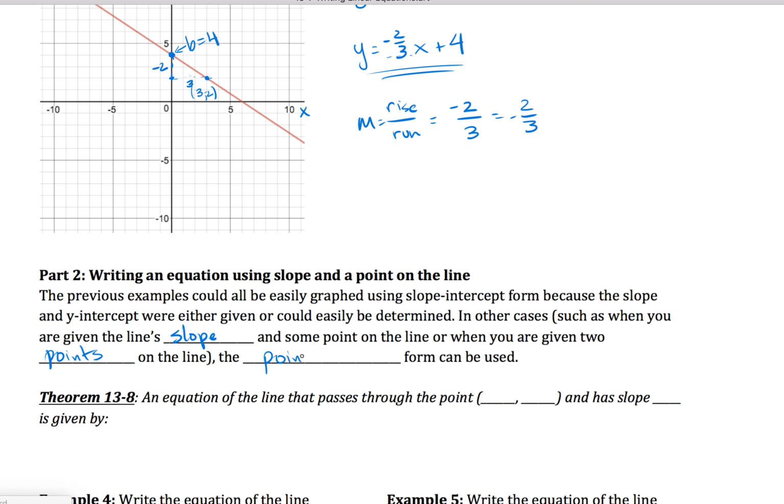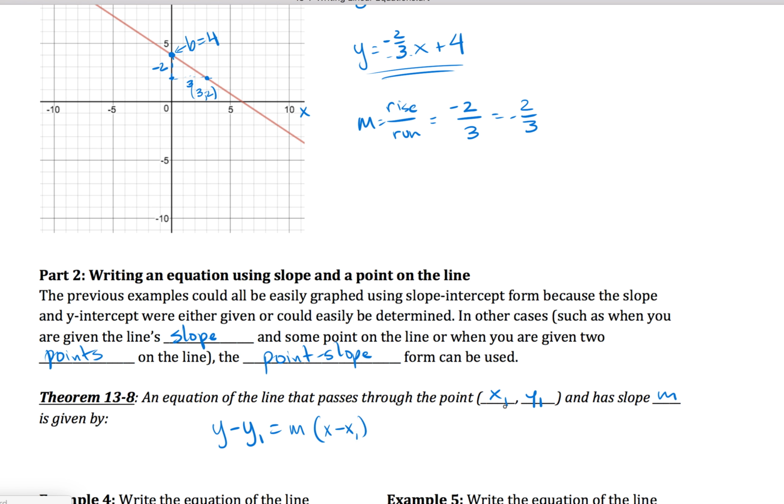It's called point-slope form. If your equation is passing through a point x1, y1, and has a slope of m, then point-slope form looks like this: y minus y1 equals m times the quantity x minus x1.